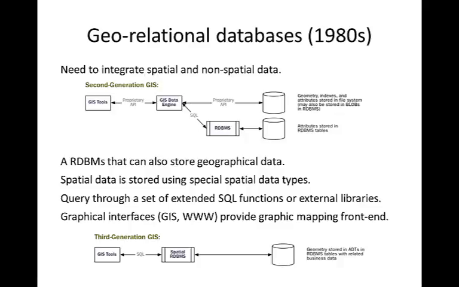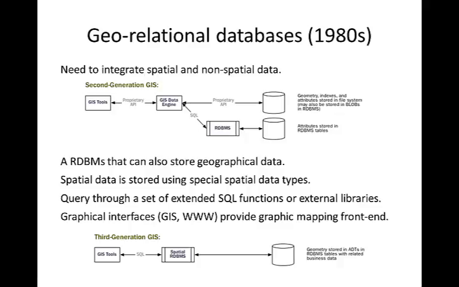What happened was the relational database management people saw an opportunity. How do we integrate these better together? Can we implement spatial functionality in a relational database? And that's what started to happen. Basically, we started to extend SQL to include functions and data structures for storing spatial data actually in a normal relational database system.